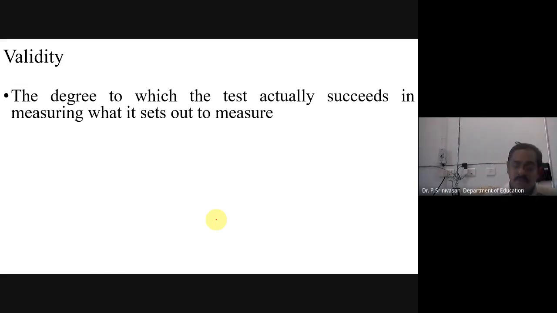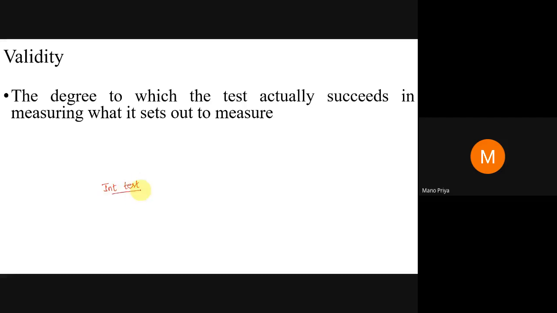So the third one is validity. I'll tell the example. Now you are seeing the definition: the degree to which the test actually succeeds in measuring what it is set to measure. Validity of the test means, suppose, can you give me one example for intelligence tests? Picture comprehension.